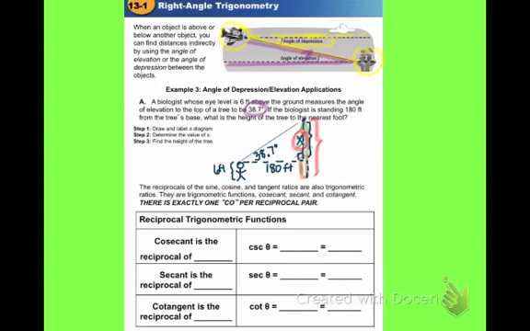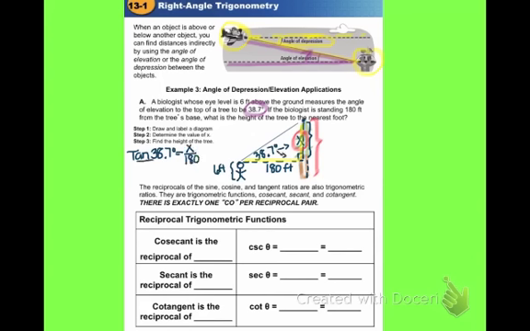So when I look at the parts I'm given, I'm given this part of my right triangle and I want this part. Well, those are both legs, so I know that has to be the tangent ratio. So I'm going to write the tangent of 38.7 degrees is equal to the opposite, which in this case is x, over the adjacent, which is 180 feet.